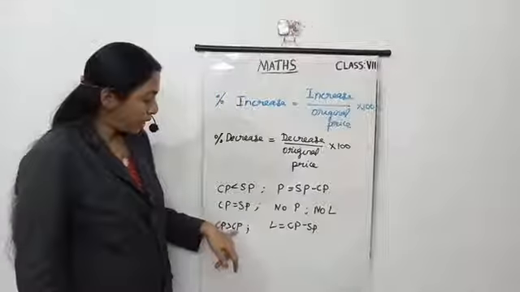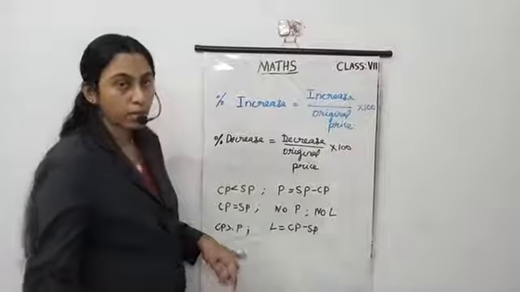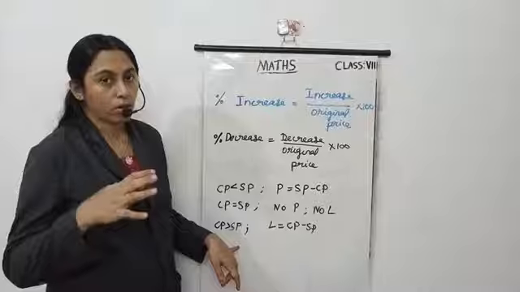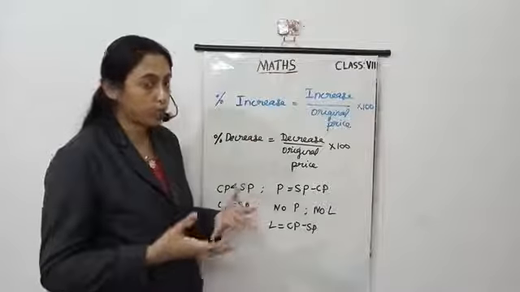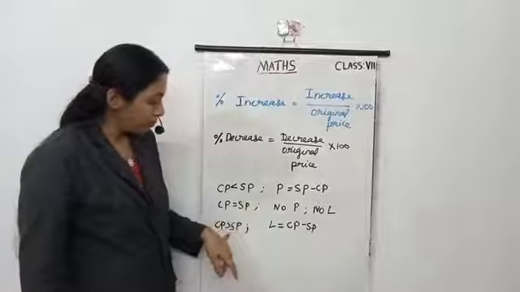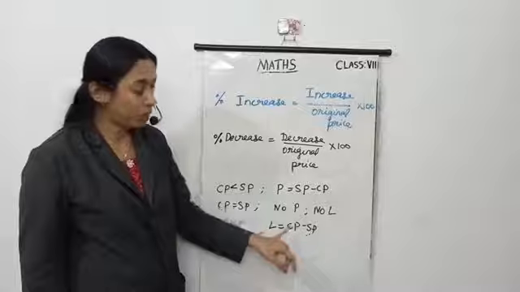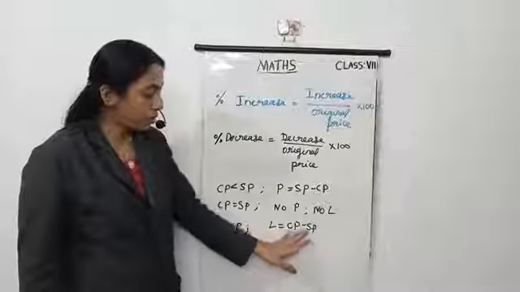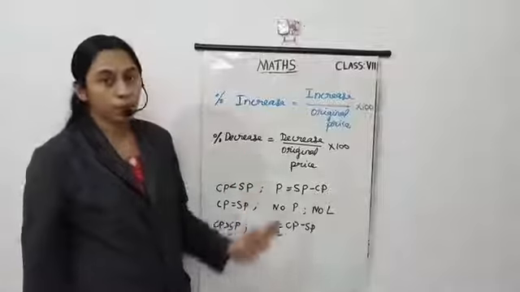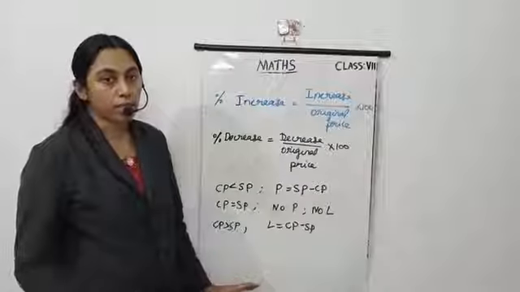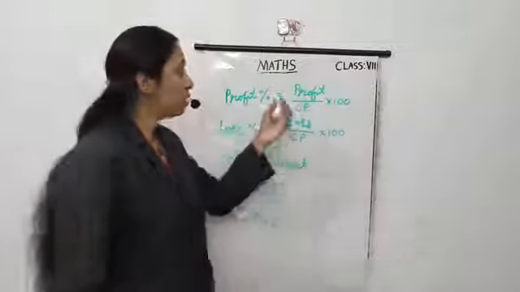Now if CP is greater than SP, there is a loss, and we calculate loss using CP minus SP. So study these formulas and learn them by heart. Then we need to calculate profit percent.